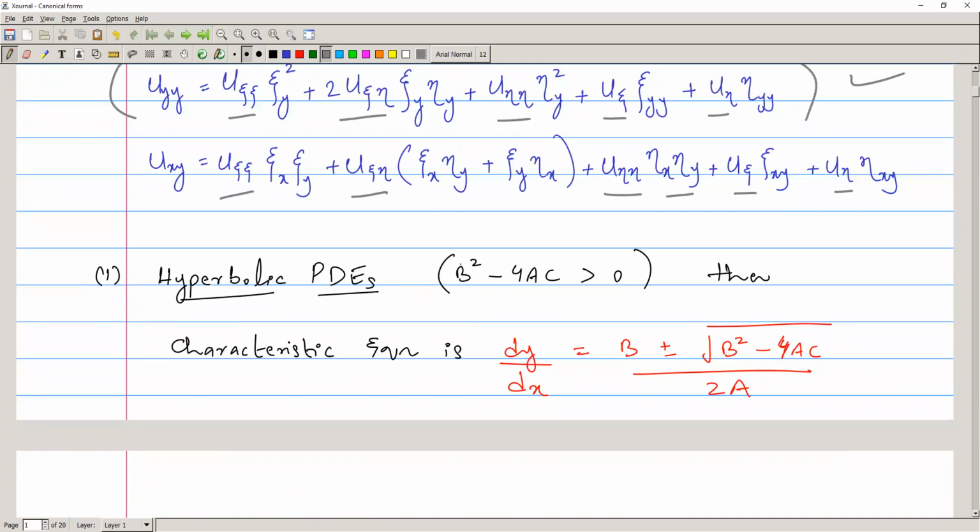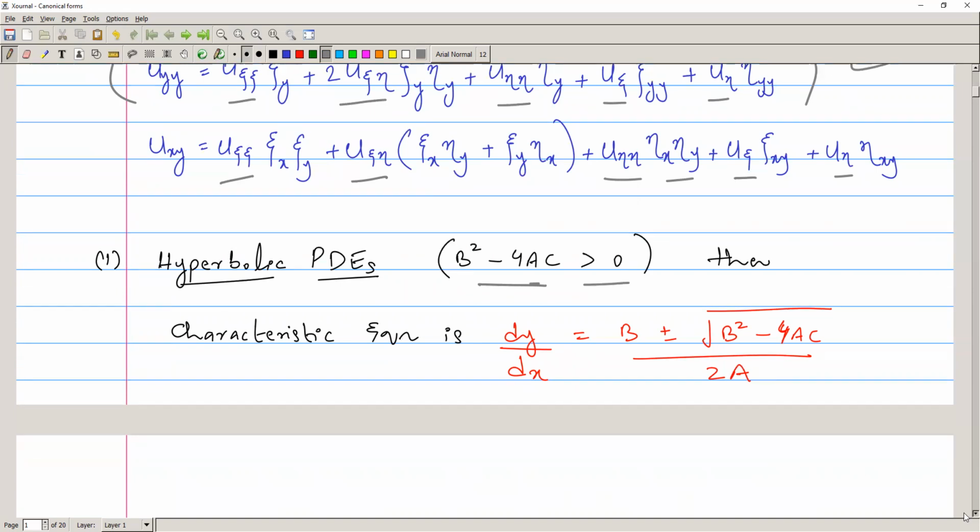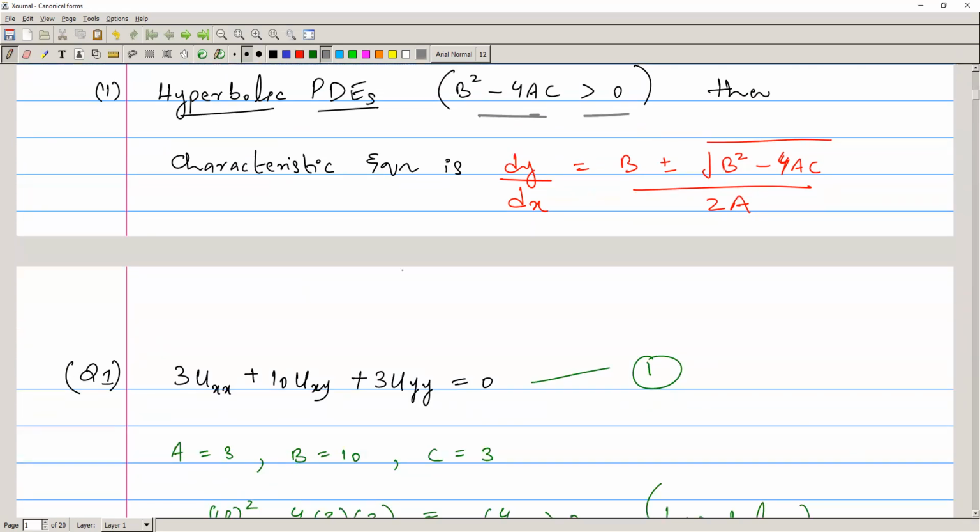So first of all, we will talk about the hyperbolic partial differential equations. We discussed how to classify the hyperbolic equations. We just need to find the discriminant, that is b squared minus 4ac. And if it's greater than 0, then we say that this is a hyperbolic partial differential equation of order 2, right?